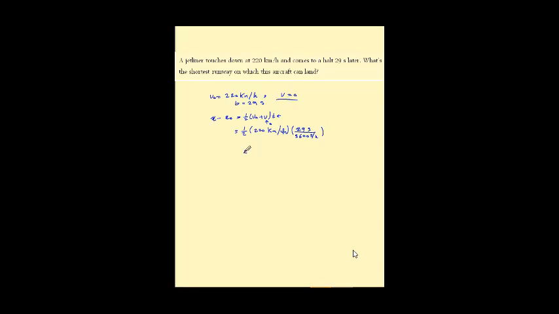Evaluating this, we obtain 0.89 kilometer. So the jetliner needs 890 meters to come to a halt in 29 seconds when it touches down at 220 kilometers per hour.